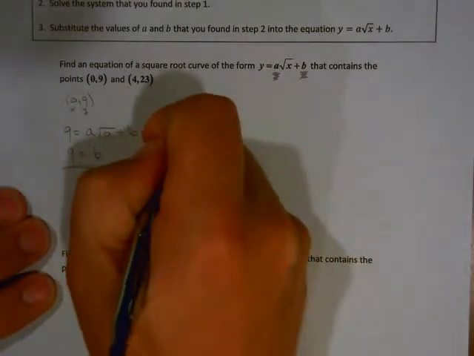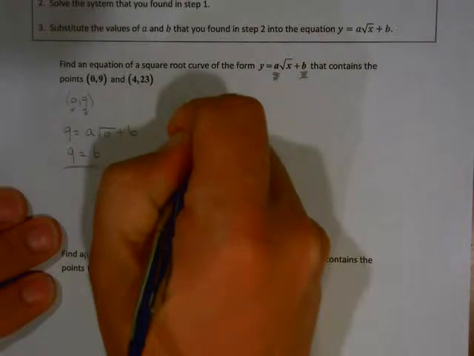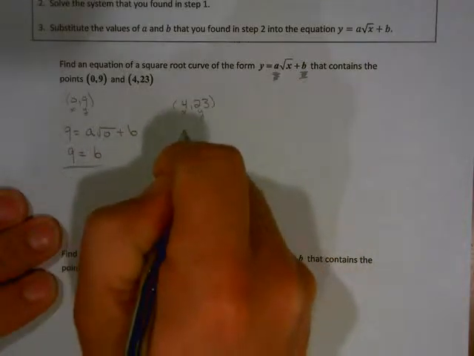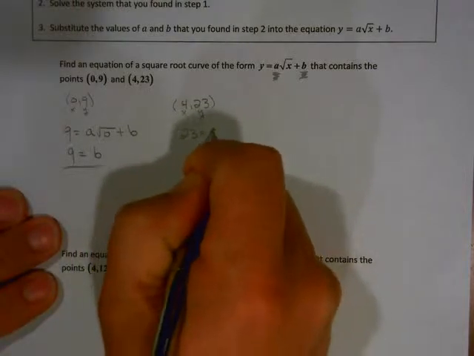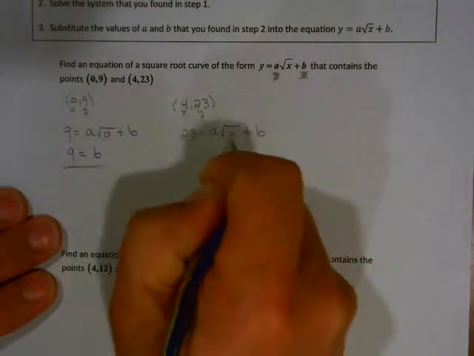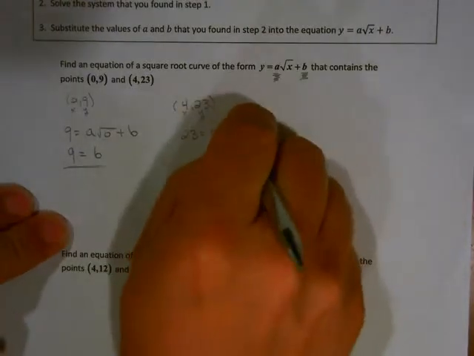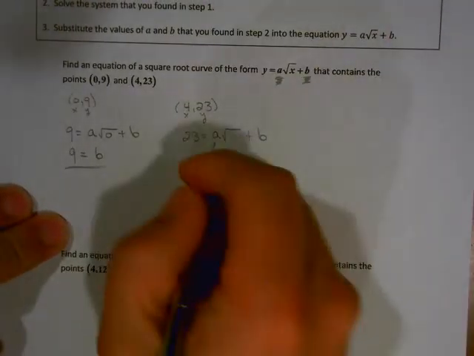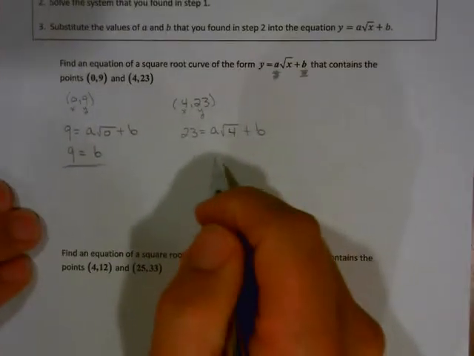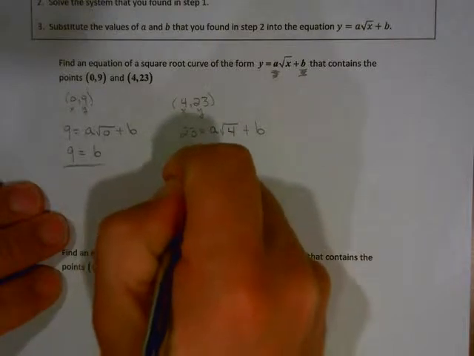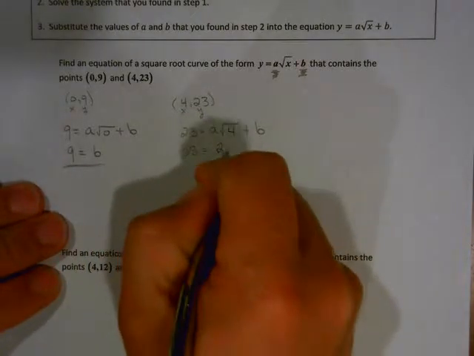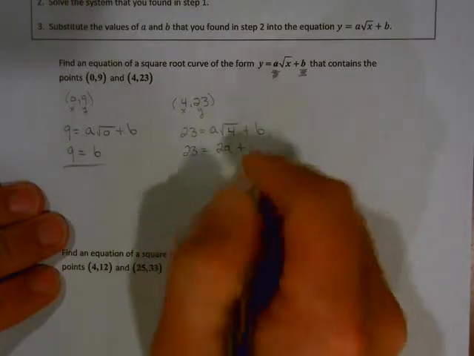So now I'm going to use the point (4, 23), and again that's my x, that's my y, so 23 equals a square root of x plus b. Remember x was 4, so we're going to put that in, and b I also know now. So this is 23 equals the square root of 4, which is 2, times a, plus b.